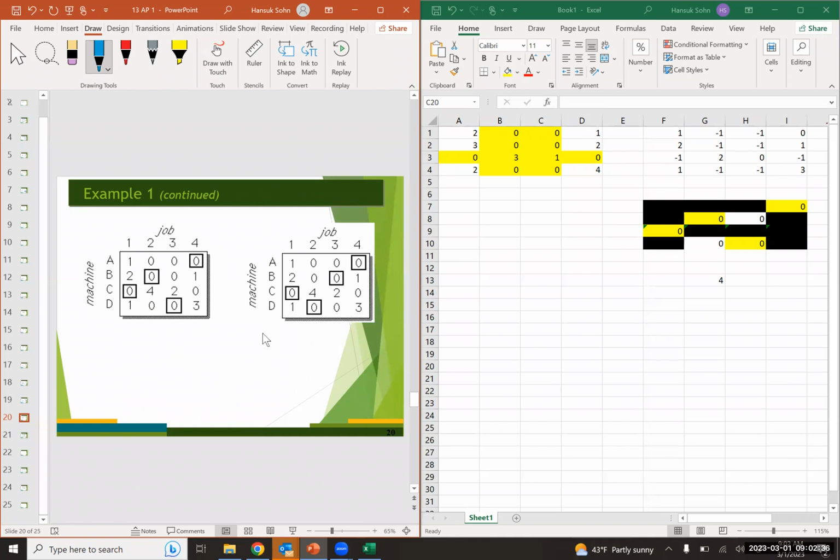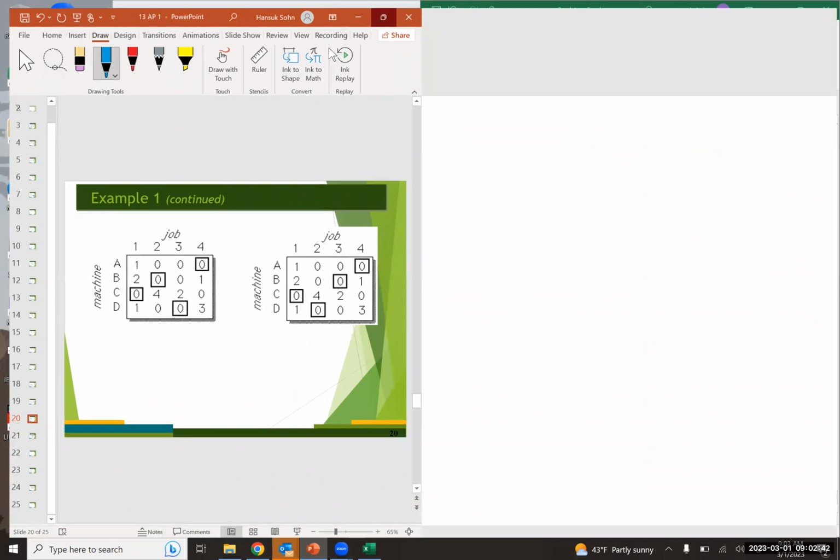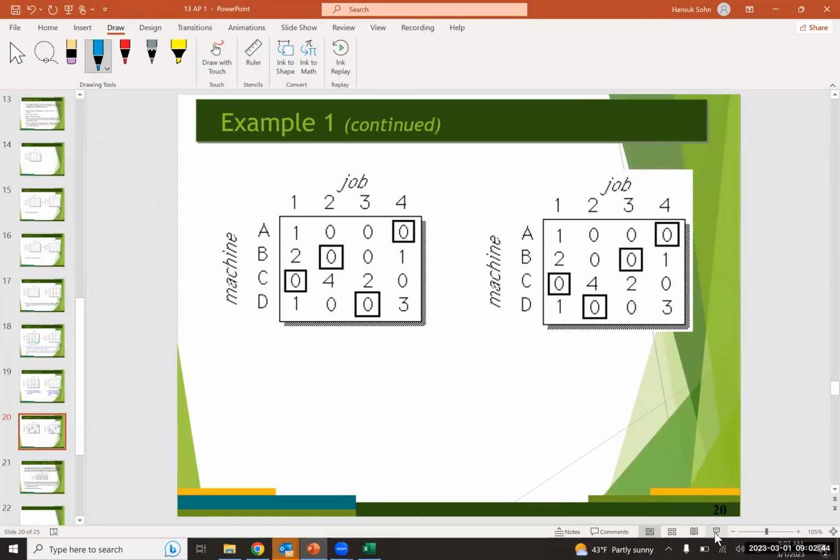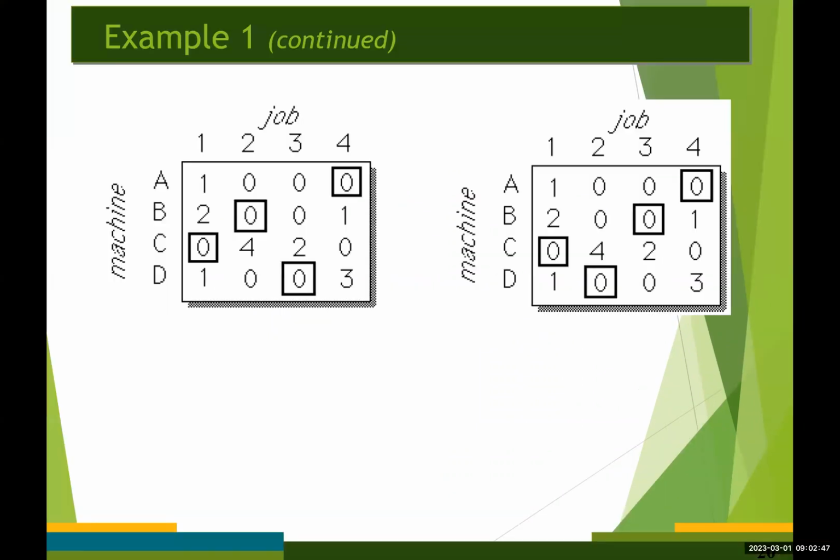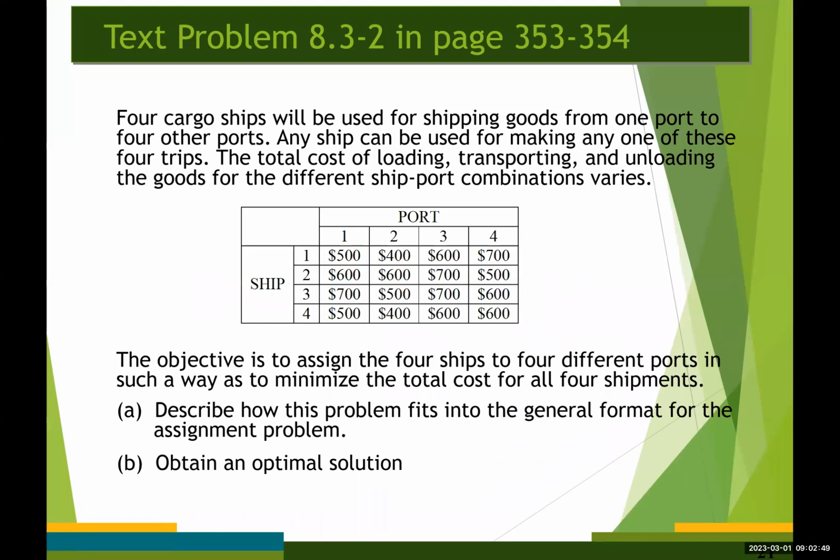Okay, now let's go back to our slide. I've extracted this example from our textbook. 4 cargo ships will be used for shipping goods from one port to 4 other ports, and they are labeled 1, 2, 3, and 4.